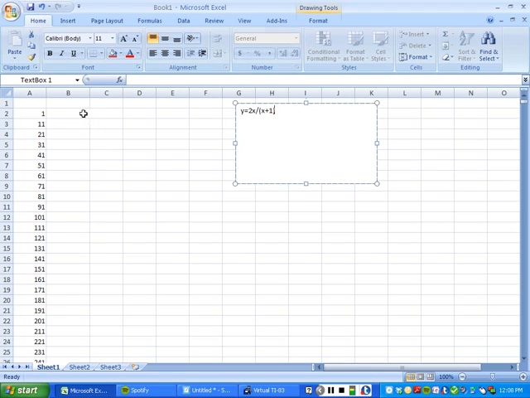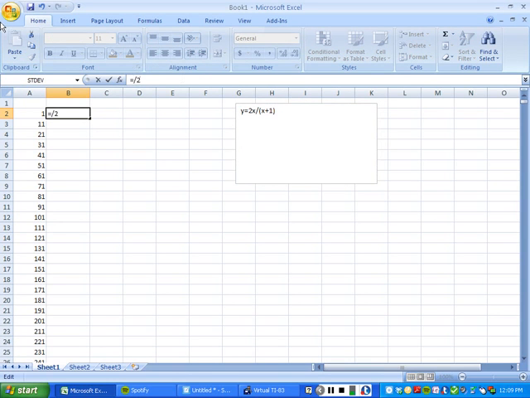So what I'm saying is, this is 2 times whatever the x value is, divided by whatever this value is, plus 1. Does everybody see that?